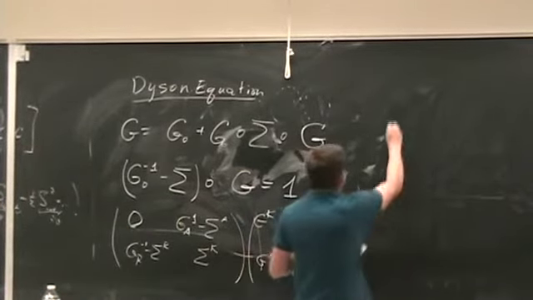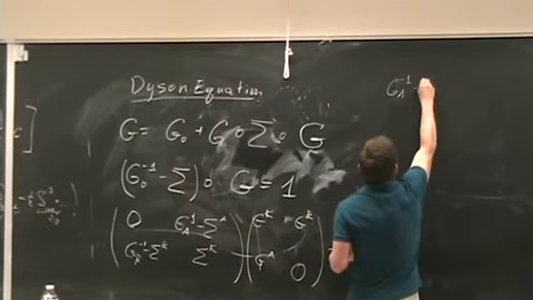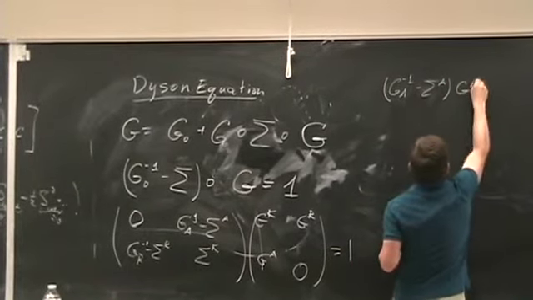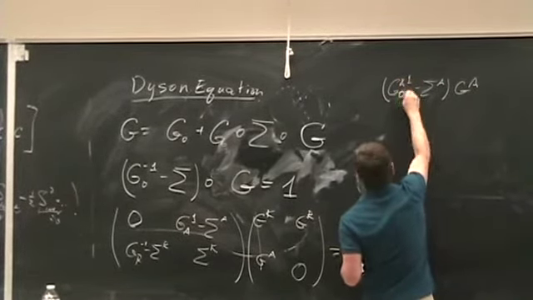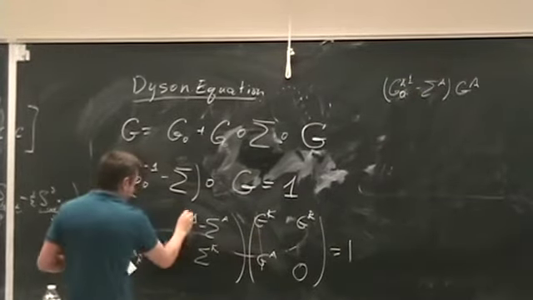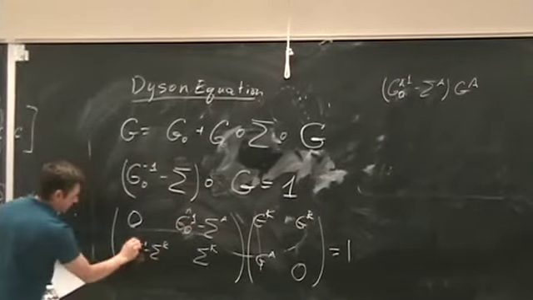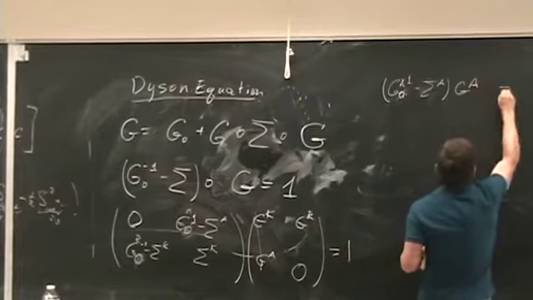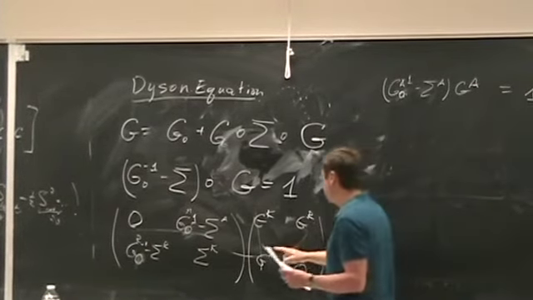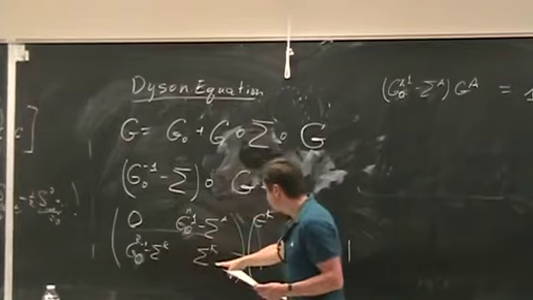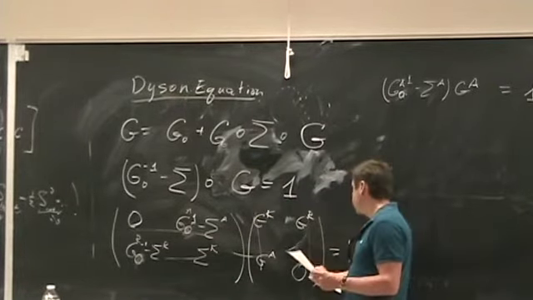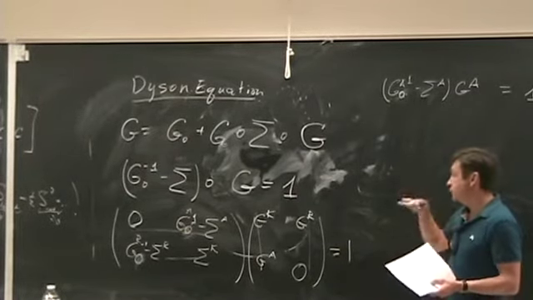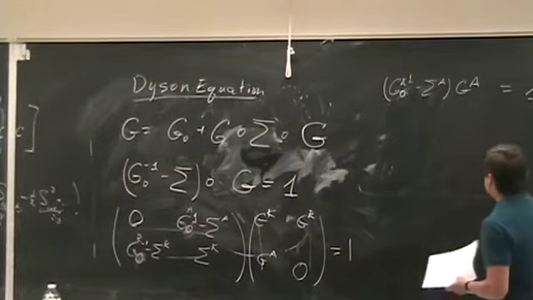So I take G advanced to the minus 1 minus sigma advanced, acting on G advanced, and this is equal to 1. Of course, if I take the second line and multiply it by the second row, I'm getting the same thing but for the retarded. It's supposed to be, because they're just mutually Hermitian conjugated, so that's pretty much one and the same equation.